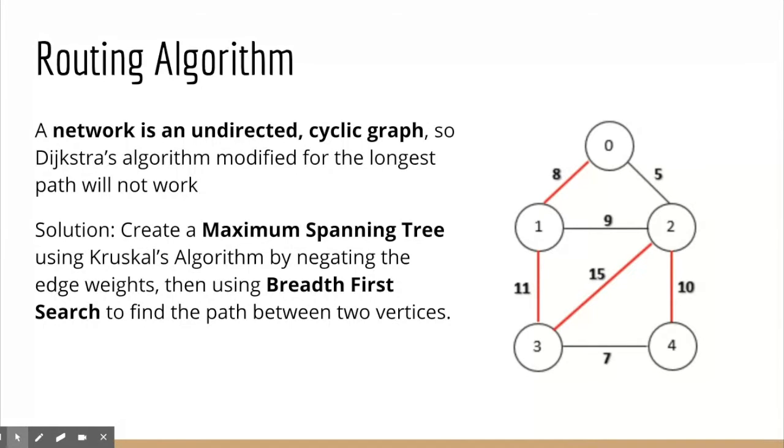A spanning tree is a connected subgraph that covers all of the graph nodes with the minimum number of edges. So a maximum spanning tree is the spanning tree with the largest possible edge weights. An example of a maximum spanning tree is pictured to the right. Breadth first search is an algorithm used to traverse a graph by exploring each level of depth starting at a root node.